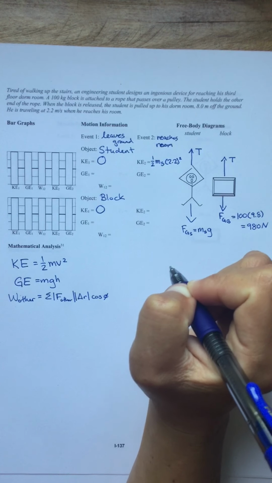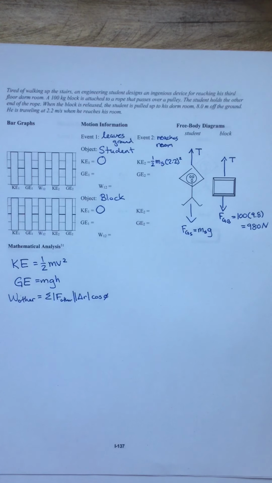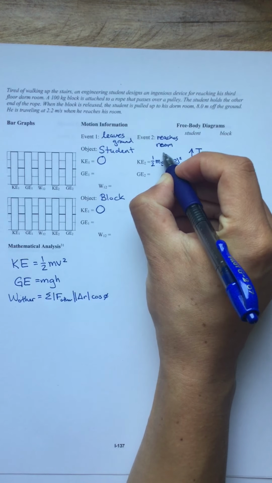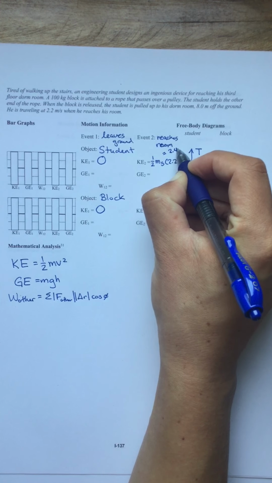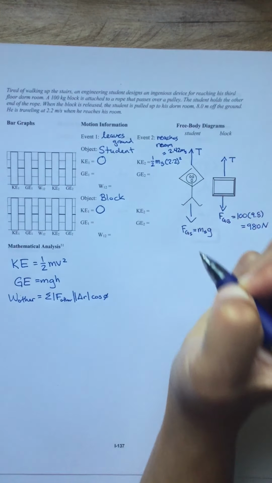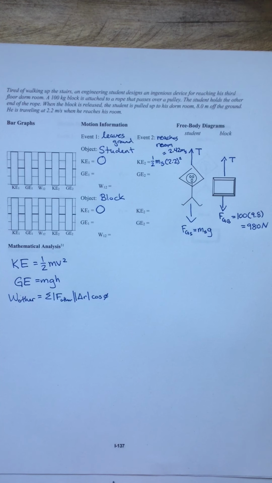We can't really do much with that because we don't know the mass of the student, but we can say 2.2 squared is 4.84. Divided by 2 is 2.42. I don't have a whole lot of room here, unfortunately, so I'm just going to squeeze this in. This is 2.42 times the mass of the student, if you want to simplify that.